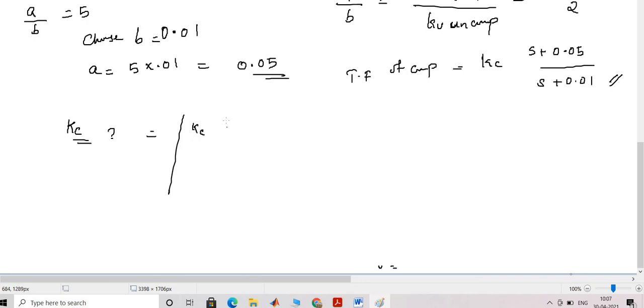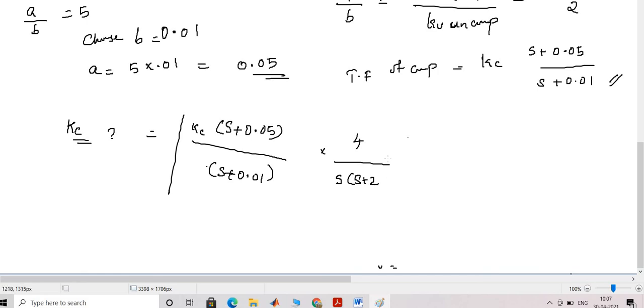Kc into S plus 0.05 divided by S plus 0.01 into 4 divided by S into S plus 2, at S is equal to SD should be equal to 1.